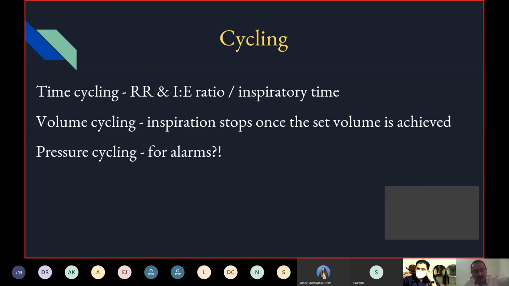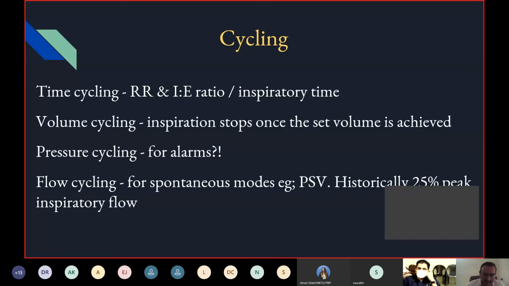Usually you set the P max at around 40. So you have put the patient on volume controlled ventilation, you've set an alarm at 40, and then you're giving a breath. Once the breath is being given, if the resistance is so high, like it's a tight lung, then it will touch the pressure limit and it will cycle off to expiration. So pressure cycling is mainly for the alarm bit.